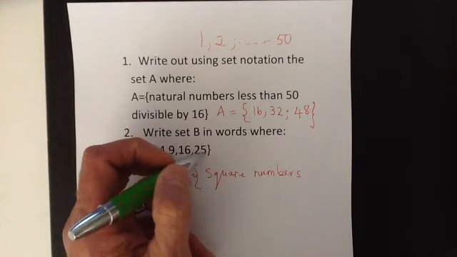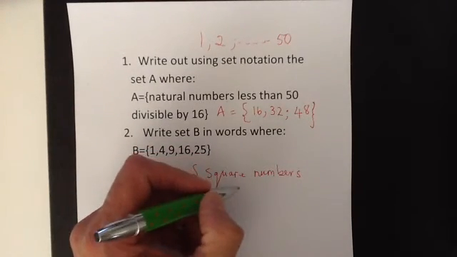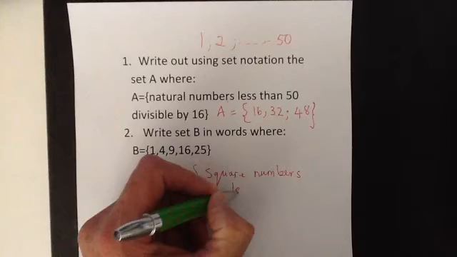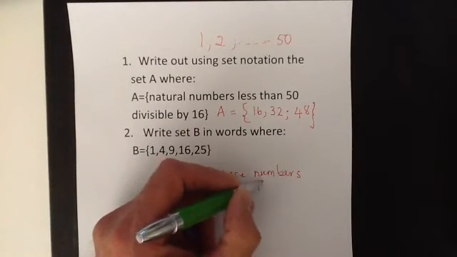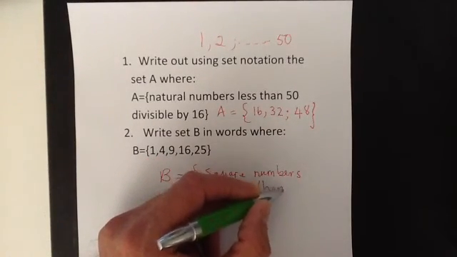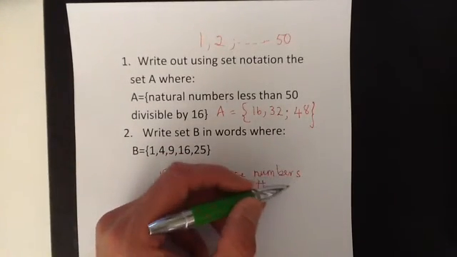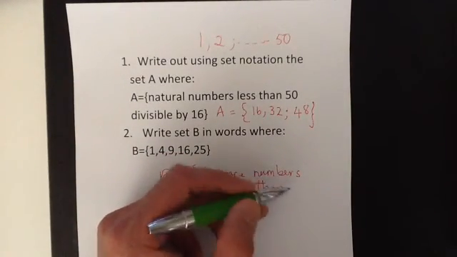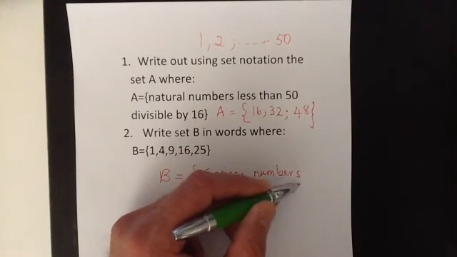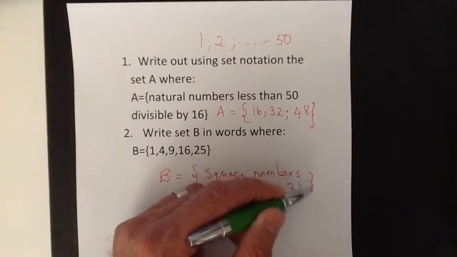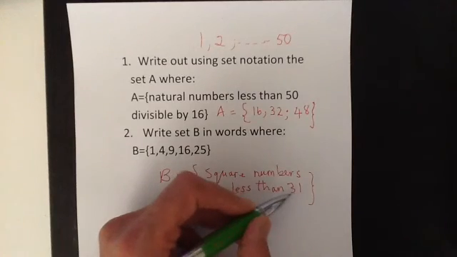The last one is 25. So let's say less than, what's the next square number? 36. So anything between 25 and 36, so I'll say square numbers less than 31. You could obviously put different numbers in here.